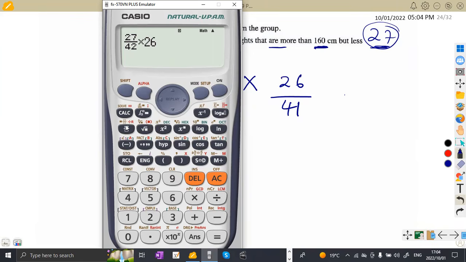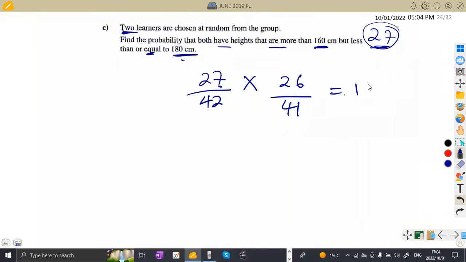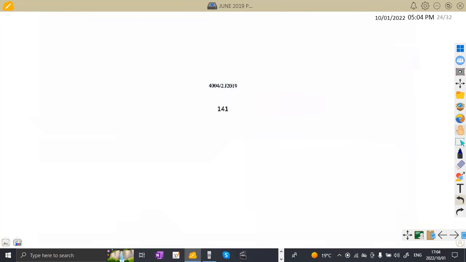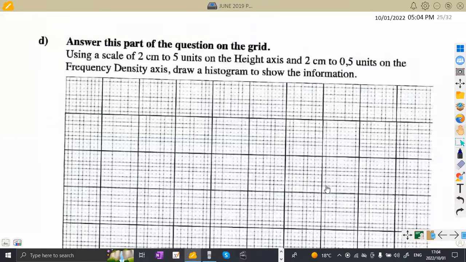So it's going to be 117 over 287, not 281. So that was the probability on this one. Okay, so it's simple, guys. All you need is to follow the instructions properly of what you're given.